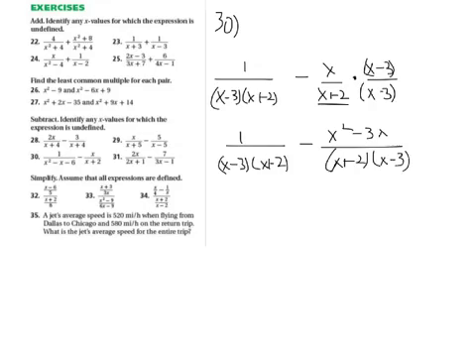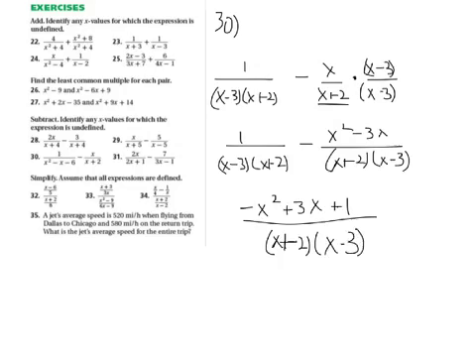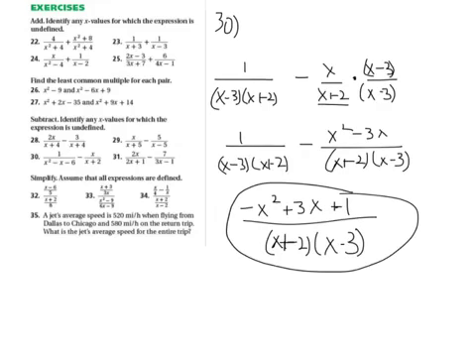So when you subtract, you get negative x squared plus 3x plus 1, all over our LCD of (x plus 2)(x minus 3). There's no factors of negative 1 that add up to 3, so this numerator is not factorable, so there's our final answer. So that was number 30.